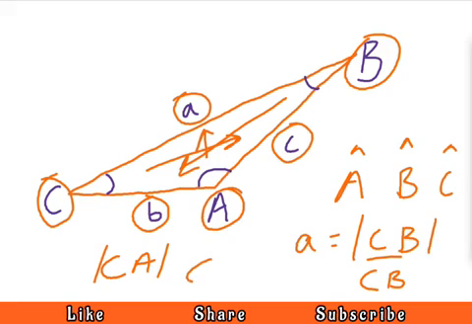So this tells us that we're talking about a line. But when we have this particular shape on top of an alphabet, we know that we are referring to the angle. Hope that's clear.